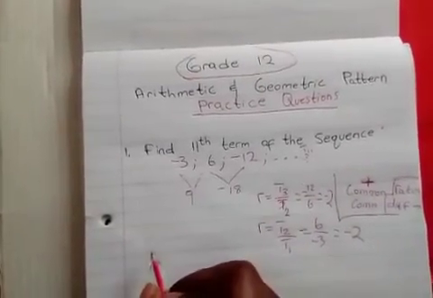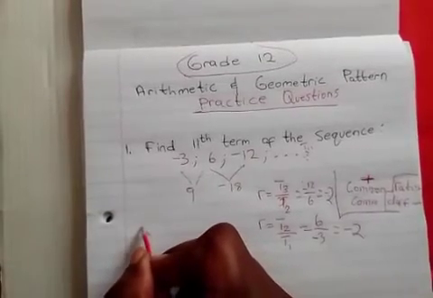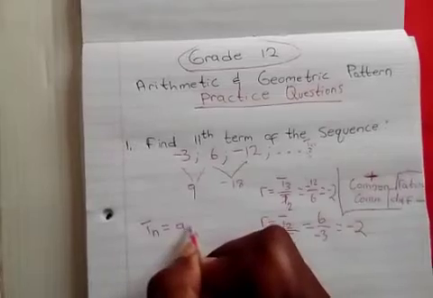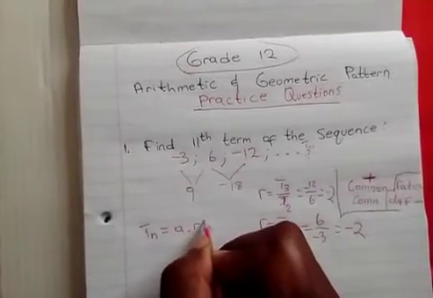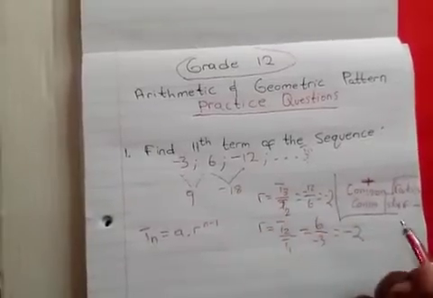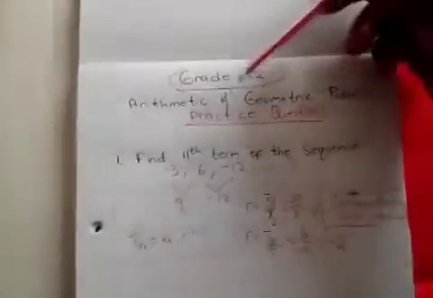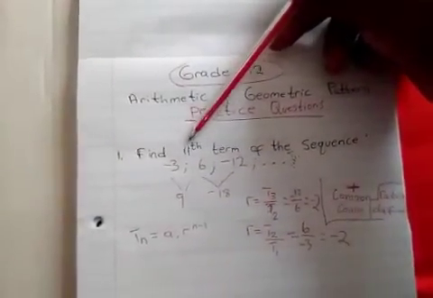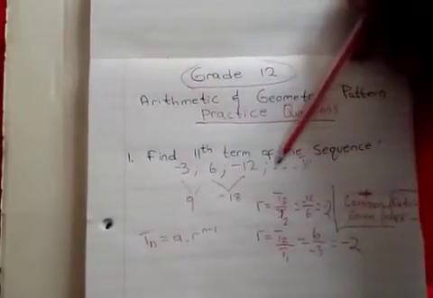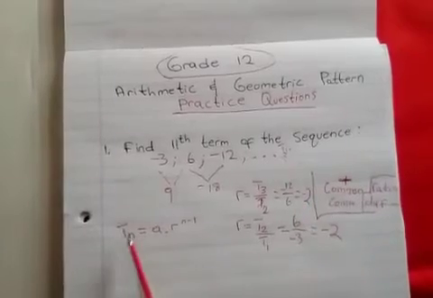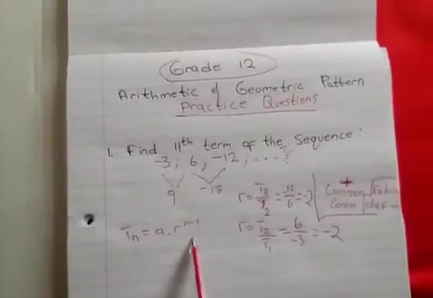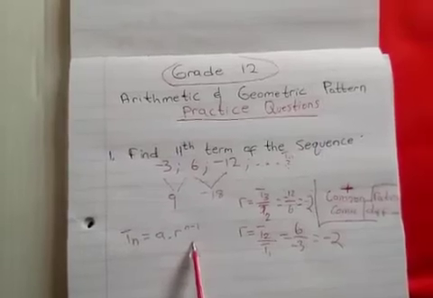So in a geometric sequence, we have this general nth term: a times r to the power n minus 1. We're asked here to find term number 11 in this geometric sequence. So we're going to use our general term to determine the number in the position of term number 11.